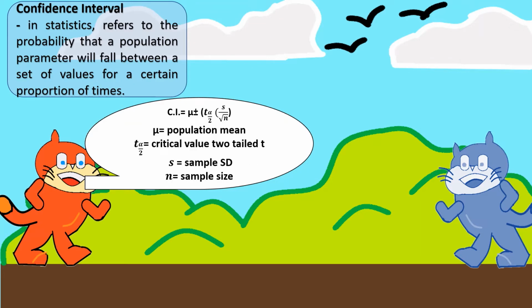Or if our sample size is less than 30 or the standard deviation is unknown, we use this: confidence interval equals mu plus minus the critical value of 2 tail t times the sample standard deviation divided by the square root of sample size.